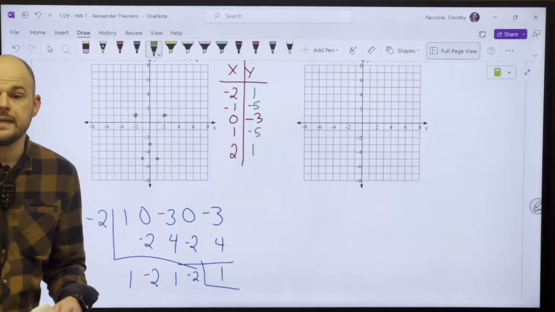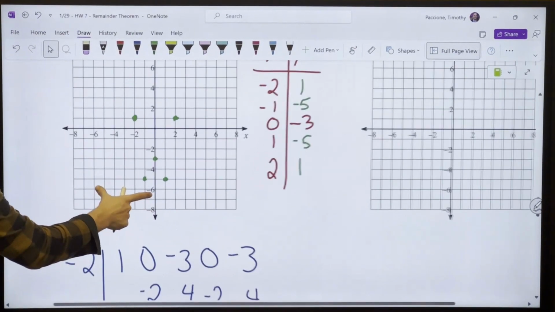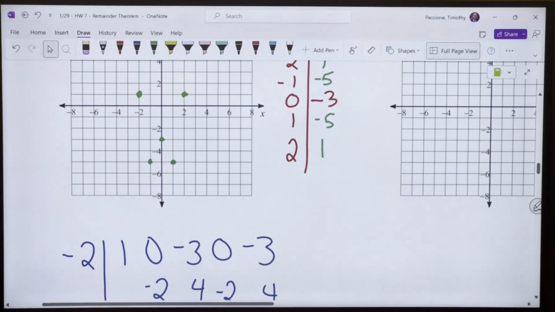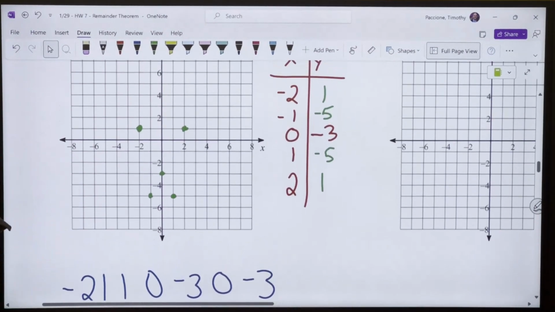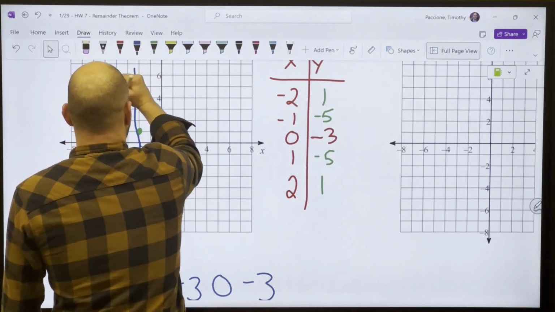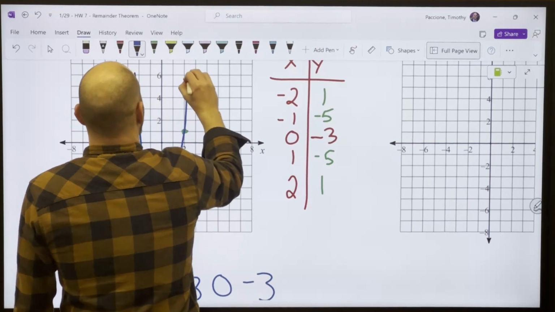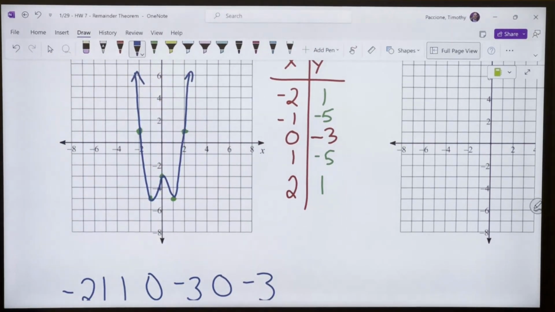Now we said it should end up looking like a W, right? Does anybody see the W shape there? Yeah, so that's why it helps to make a little sketch, because now I can go through these points and feel good about it. There's my W. So, all good.